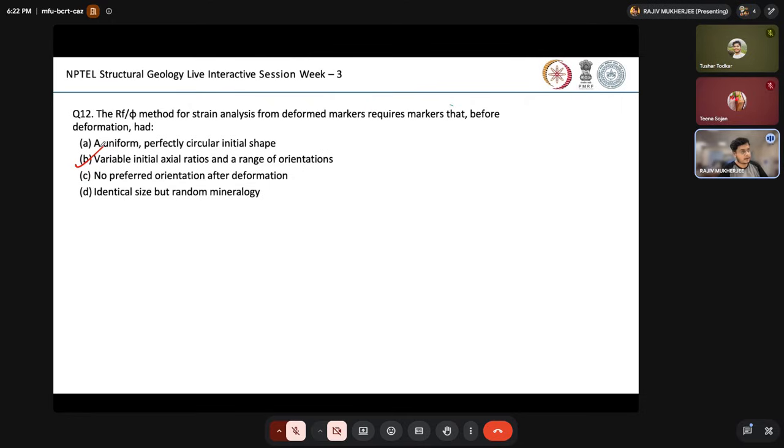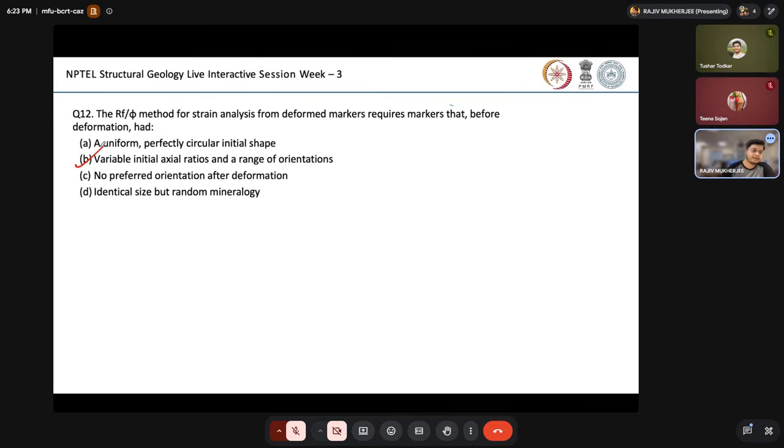But this RFI method is based on the long axis orientation and the aspect ratio. So whatever be the initial aspect ratio, it does not assume that the initial shape has to be spherical. So that gives a very strong advantage over the center to center method, because you can eliminate any bias regarding the initial shape, and that's why the strain you calculate from the RFI method is superior, or more accurate to the natural condition than the Fry method.